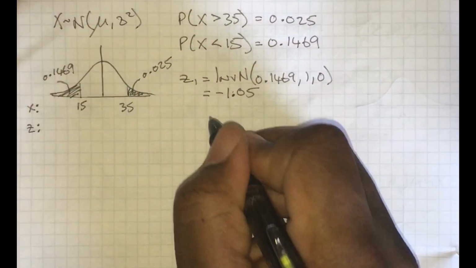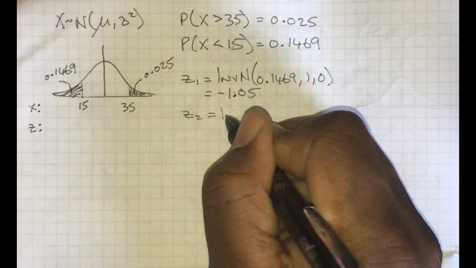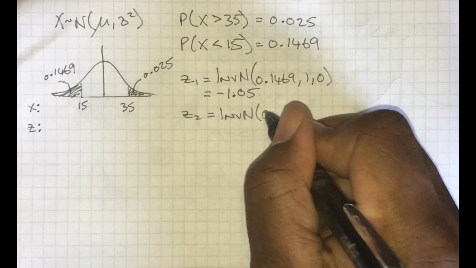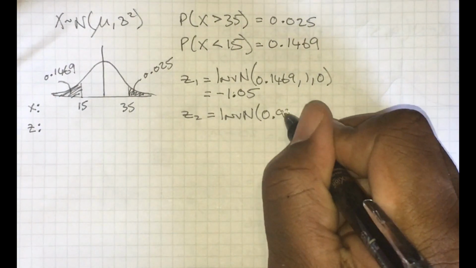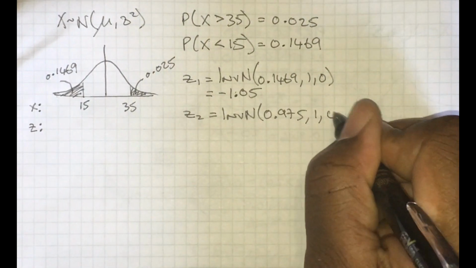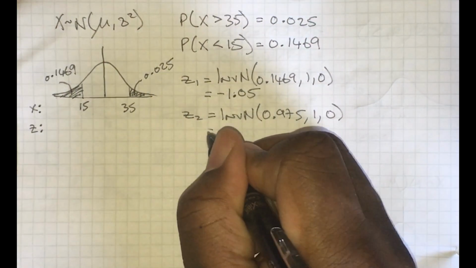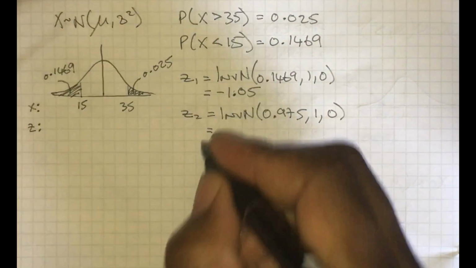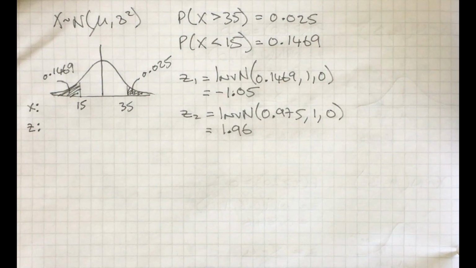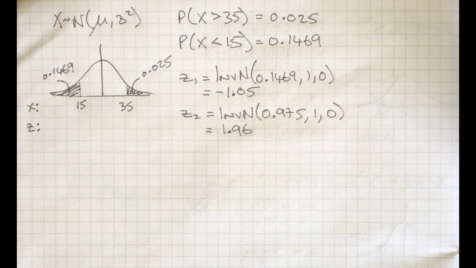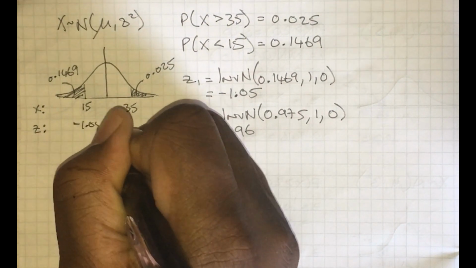That's going to give me the z-score, negative 1.05. I do the same for 35, but I need the probability to the left. Don't forget, it has to be the probability to the left. So 0.975. Okay, and that generates the two z-scores for me, negative 1.05 and 1.96.